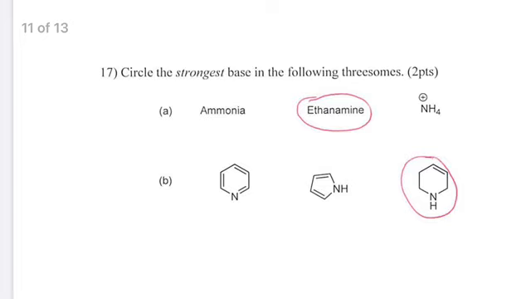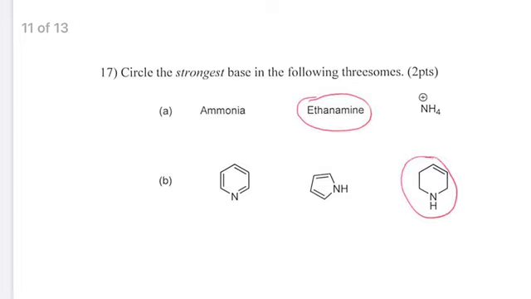Part B, we've got pyridine, pyrrole, and then a cyclic secondary amine. So none of these are ammonia. So we then think about, are any of the lone pairs in 17b stabilized by conjugation? Are any of them stabilized by aromaticity? The nitrogen in pyridine is not involved in the aromatic system, so no conjugation there.